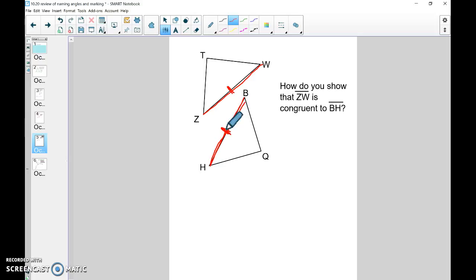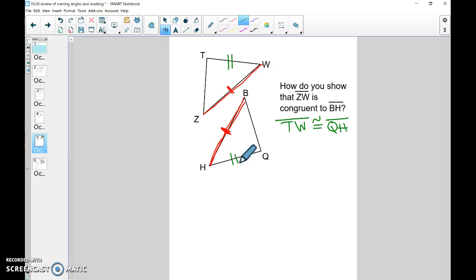Now I've shown that they're congruent. If I was going to set up a second set of sides, like if I was going to say that TW is also congruent to QH, then I would do double tick marks like that. And then you just kind of keep doubling or tripling from there.